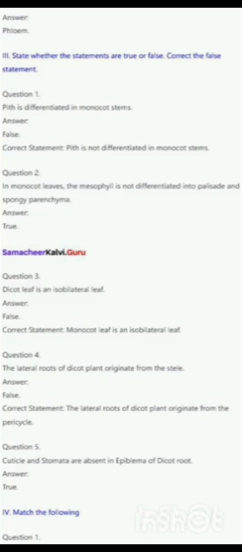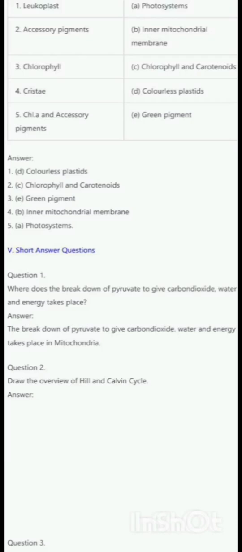4. Match the following. Question 1. 1. Leucoplast. 2. Accessory pigments. 3. Chlorophyll. 4. Cristae. 5. Chl a and accessory pigments. A. Photosystems. B. Inner mitochondrial membrane. C. Chlorophyll and carotenoids. D. Colorless plastids.